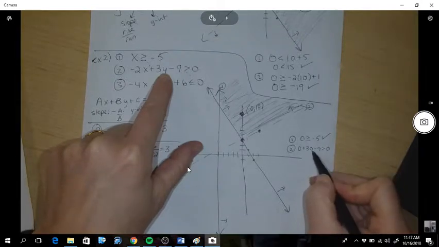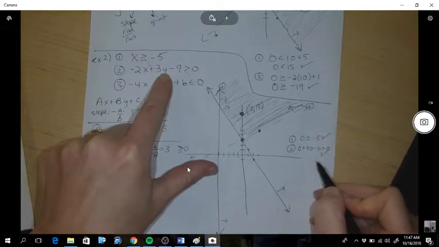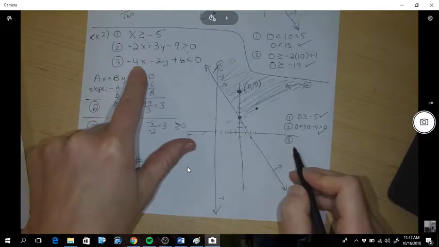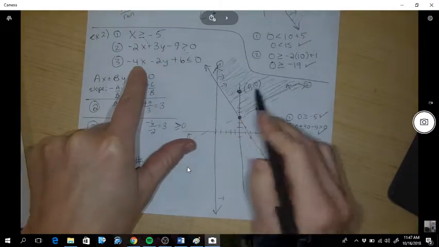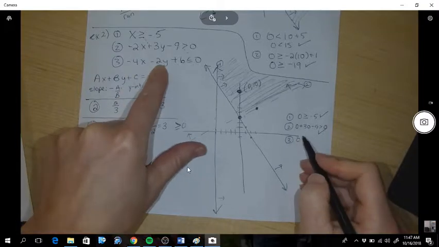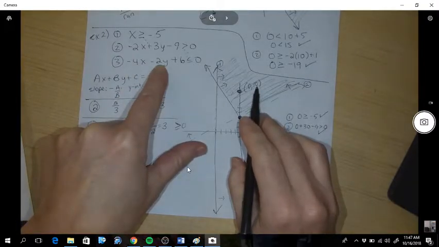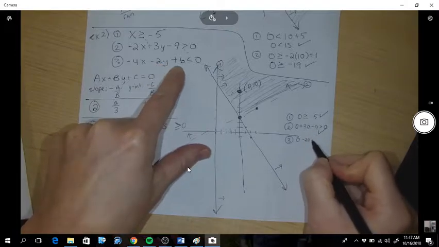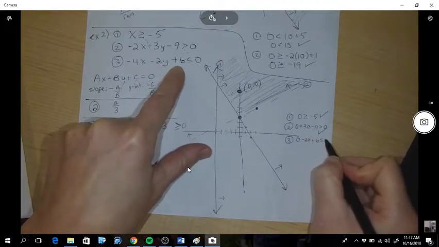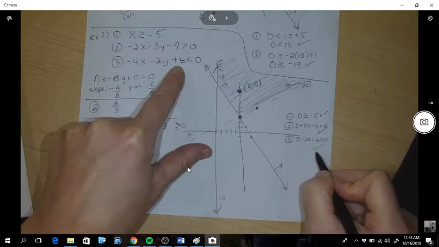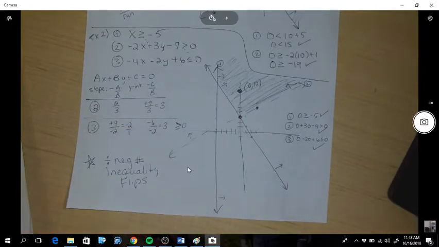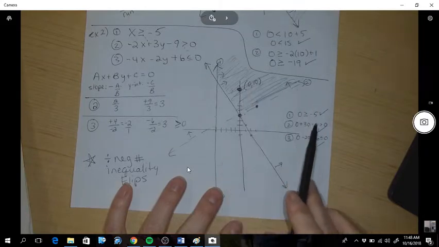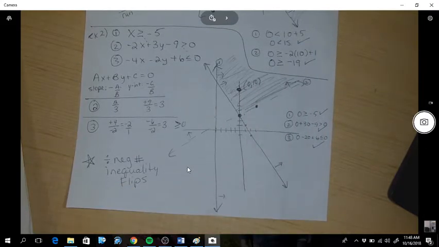Does that work? Yes, that's 21, which is greater than 0. And then negative 4 times 0 is 0. Negative 2 times 10 is negative 20, plus 6. Is that less than or equal to 0? Yes, because that's negative 14. So this point works for them all, so we did shade in the right area.